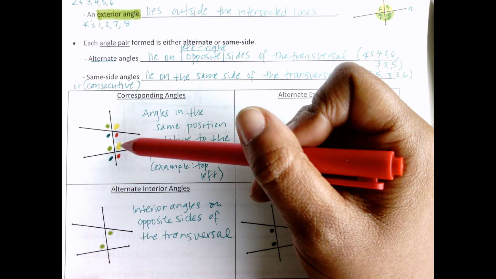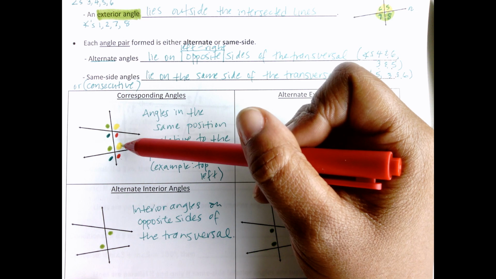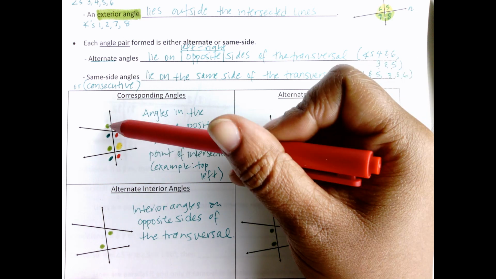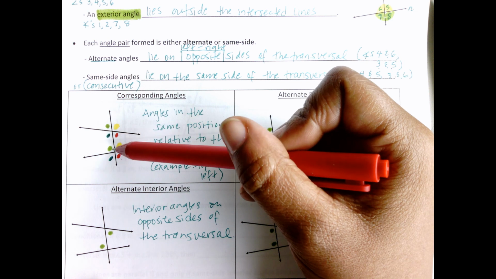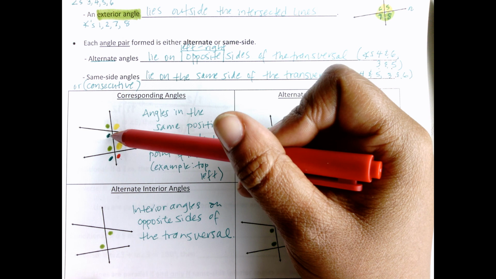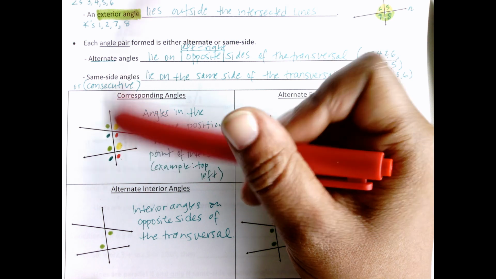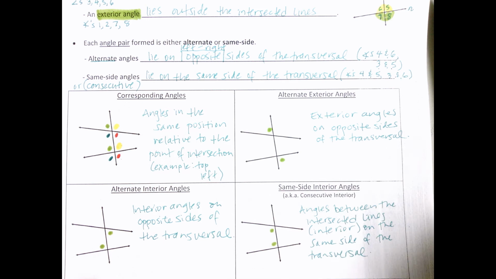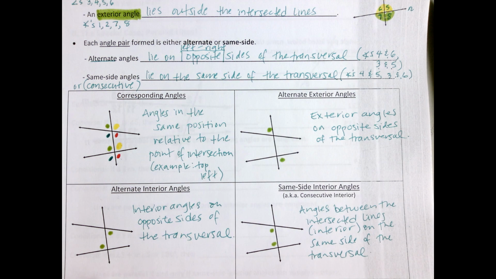Top right, based on the point of intersection. Top left, notice they're both on top of the intersected lines. Bottom left, bottom left. So corresponding angles are angles that are in the same position relative to the point of intersection and will always be one interior, one exterior.